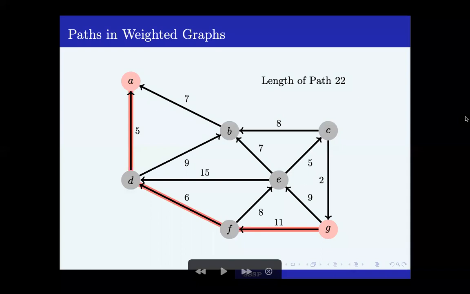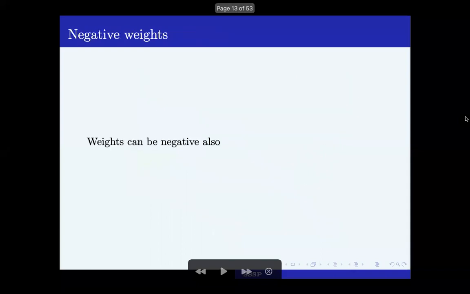Okay. So if I want to find out the shortest path, now, can the weights be negative? The actual answer is that yes, it can be. There are incidents where, when you consider a particular problem and you model it as a graph theory problem, you might incur negative costs.